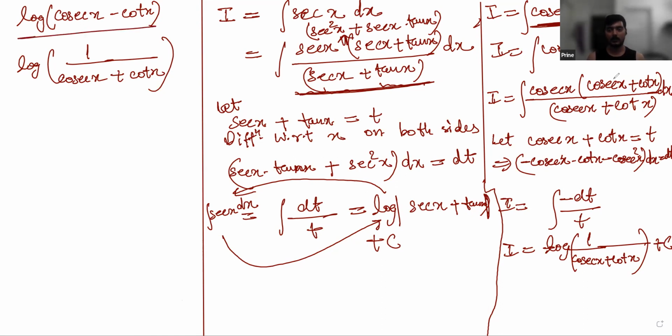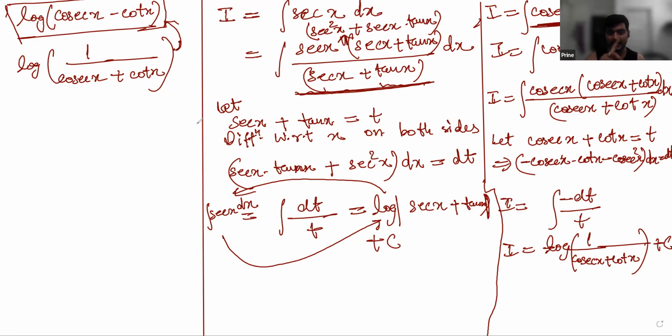If in place of cosec x plus cot x I had used cosec x minus cot x, the answer would be log of cosec x minus cot x. In that case, we substitute cosec x minus cot x and then solve. Both are correct. The only problem is that sometimes we get answers which are not given in the answer sheet. So we have to convert this second expression into the first one.